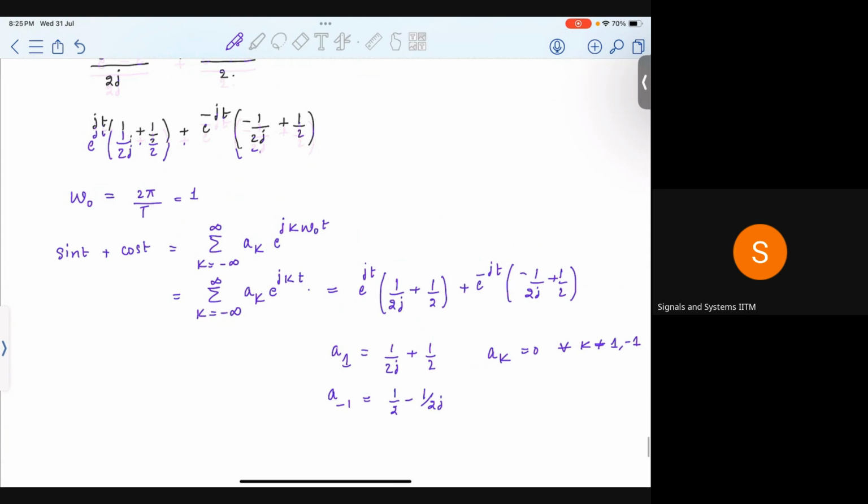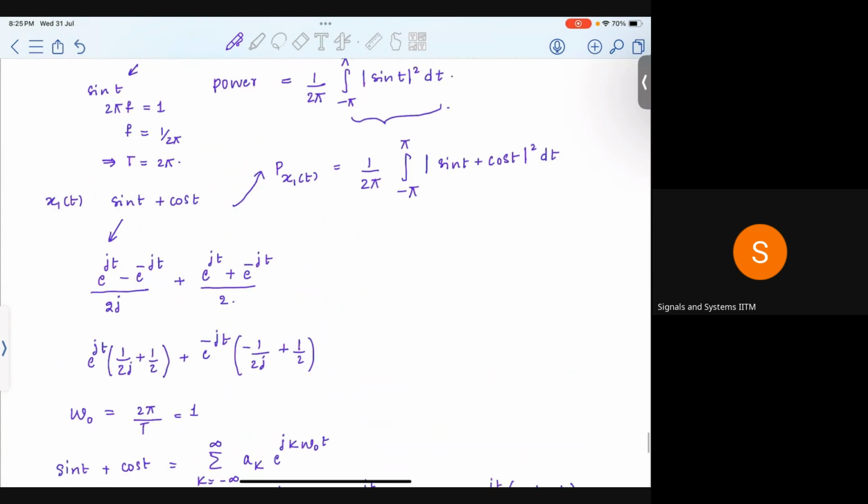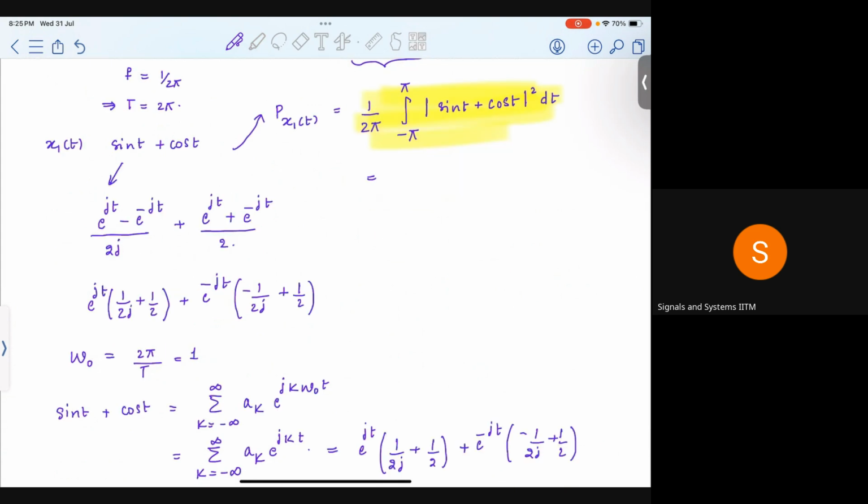Once you have the Fourier coefficients, instead of calculating this entire integration, you can just sum. So this integration would be equal to the sum over k from minus infinity to infinity of mod a k square by Parseval's theorem, and this is equal to just mod a1 square plus mod a minus 1 square. So that's the whole idea.